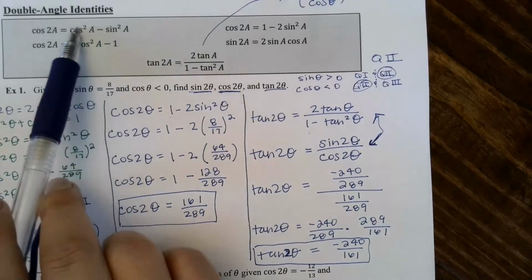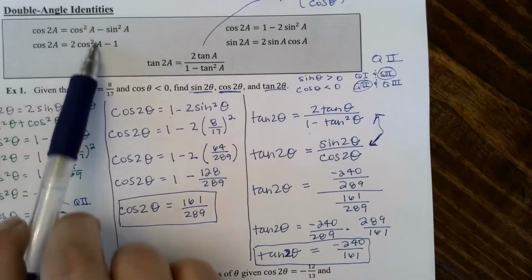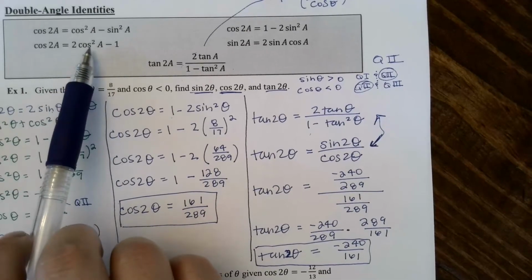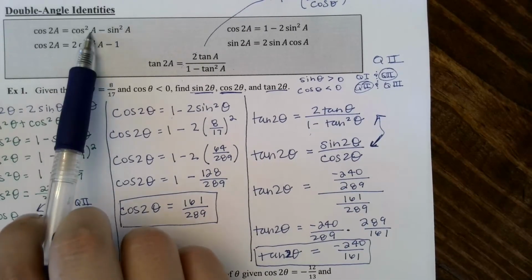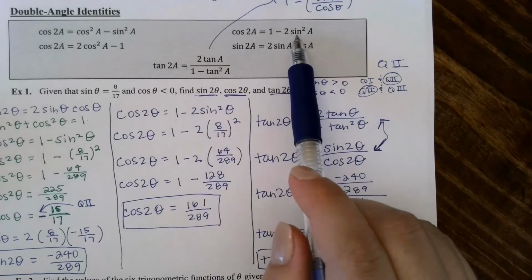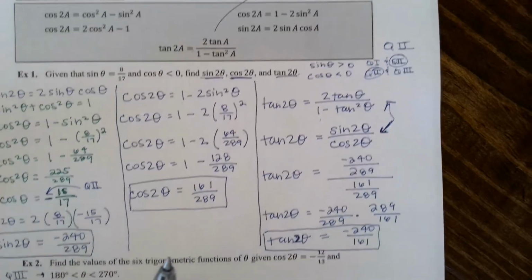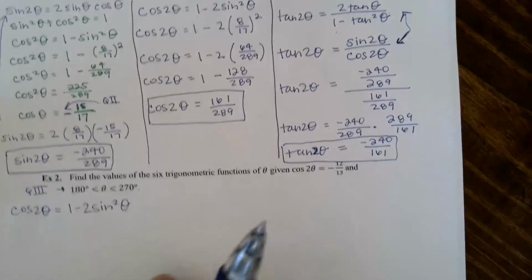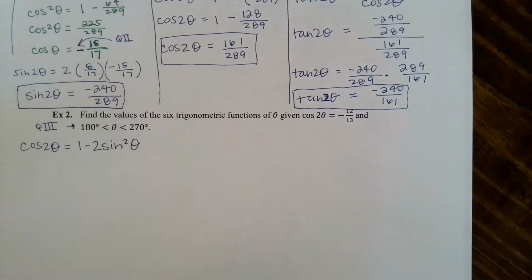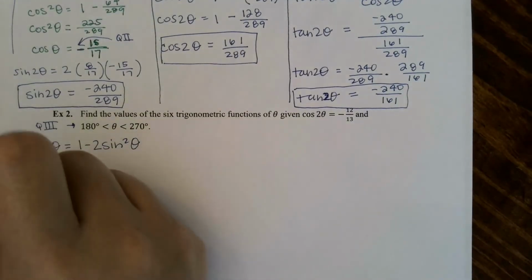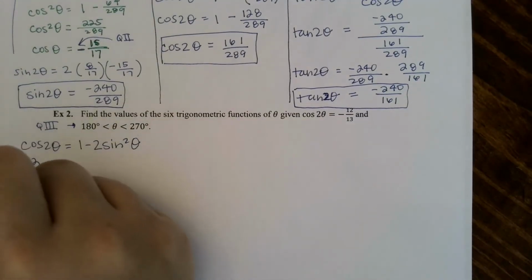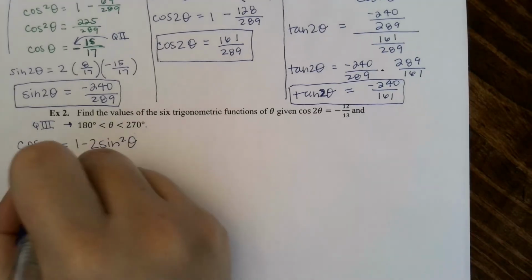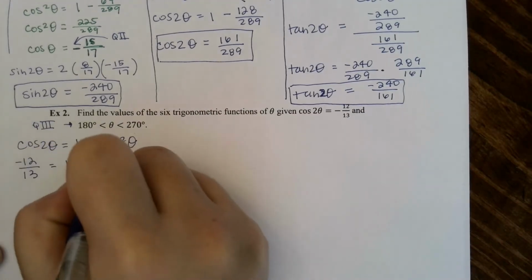If you use this one, you would first have to use the other one to find out what cosine theta is to plug in here. So we're going to use this one because we know what cosine 2 theta is. If we plug that in, we can solve for sine theta. So I have negative 12 over 13 equals 1 minus 2 times sine squared theta.